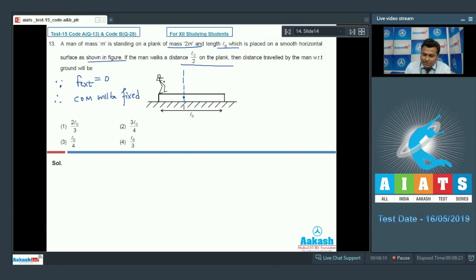Now the person is going right. In order to fix the center of mass, the plank will move in left direction. Suppose the displacement of plank is x with respect to the ground, then according to the question, the displacement of man with respect to plank, S_MP, is given as L0 by 2 in right direction, i cap.